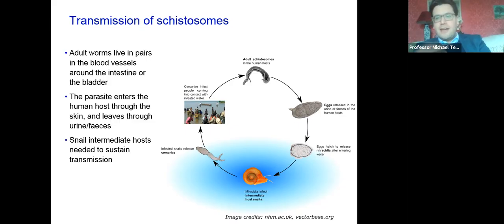And you get these worms into your body by being exposed to contaminated water through water contact, so from your skin being in contact with water that contains one of the stages of the life cycle of these worms. Once the worms grow in your body, they release eggs, which leave your body in urine or feces.